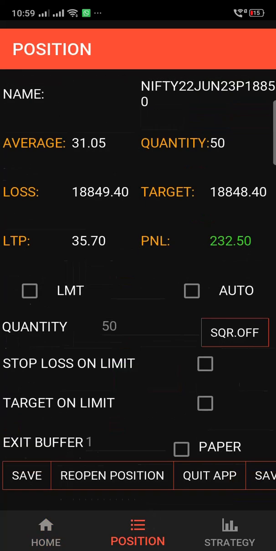You can see the SL is moving as quick as NIFTY is moving. Our trailing stop loss is triggered and order is exited.